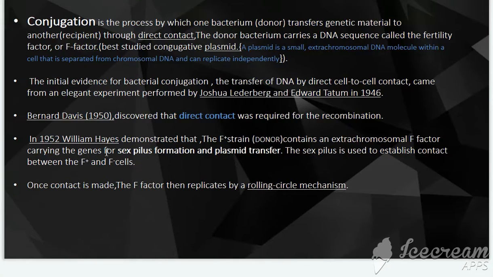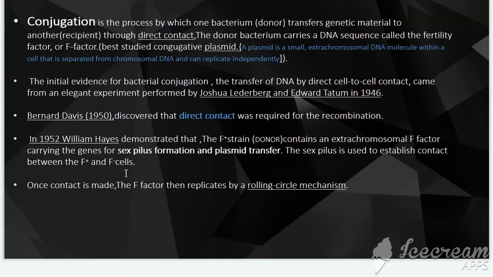It carries the gene for sex pilus formation and plasmid transfer. Now, what is this pilus formation? As I said, they need direct contact. This pilus is going to be the direct contact between these two bacterial cells, and it is used to establish the contact between F plus and F minus cell.